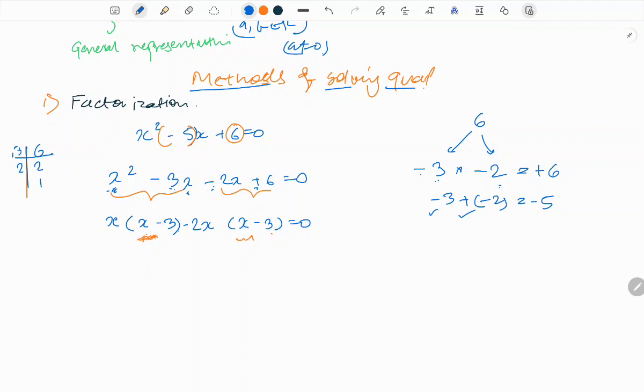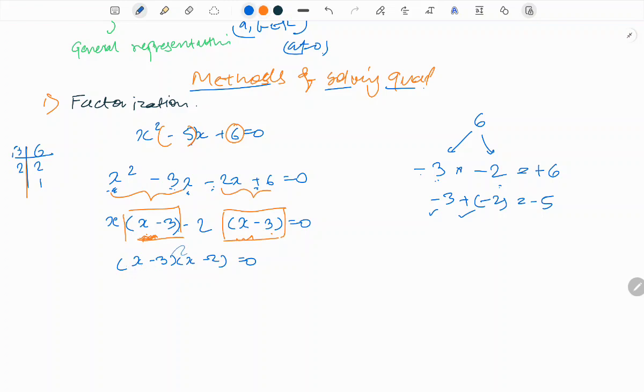Oh, sorry, we don't take x as common as it is not there in both. So minus 2, so x minus 3 into x minus 2 equal to 0. Now we can see x minus 3 is over here and x minus 3 is over here. So we take it common from the equation.